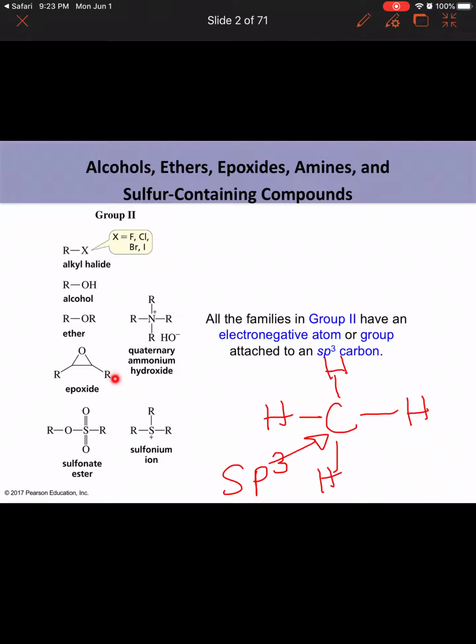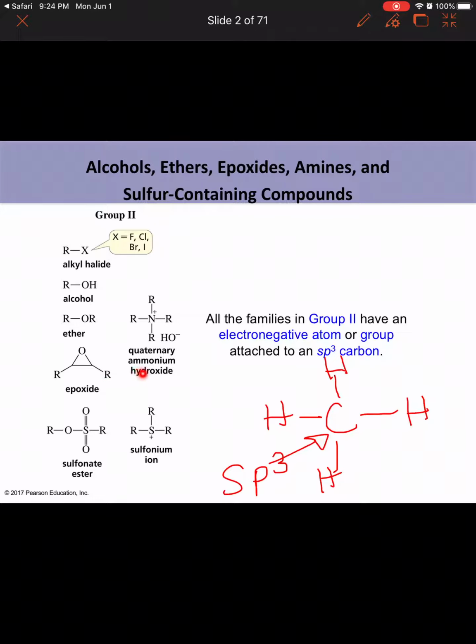And then we are also going to learn about reactivities of epoxides. An epoxide is a 3-membered ring where you have oxygen. It is a cyclic ether. You see here, alkyl, oxygen, alkyl. Here also it is an ether, but it is a cyclic ether. We call it an epoxide.